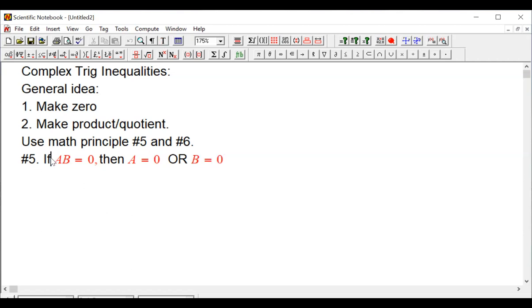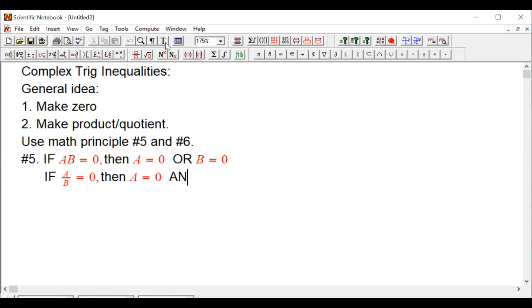For a quotient, we also have similar properties. I didn't list them in the general principle, but it's not hard to figure out. If we have A divided by B equals 0, then A must be 0, and B cannot be 0.